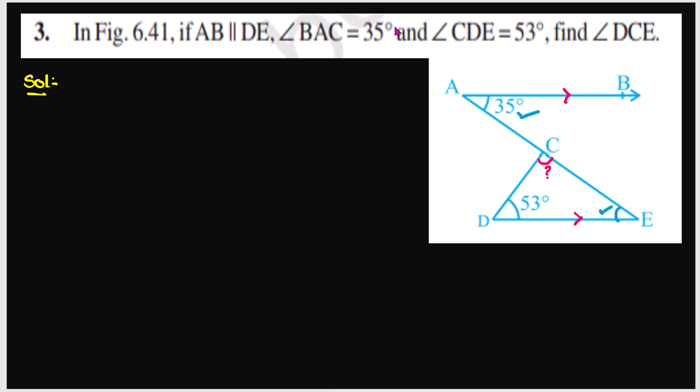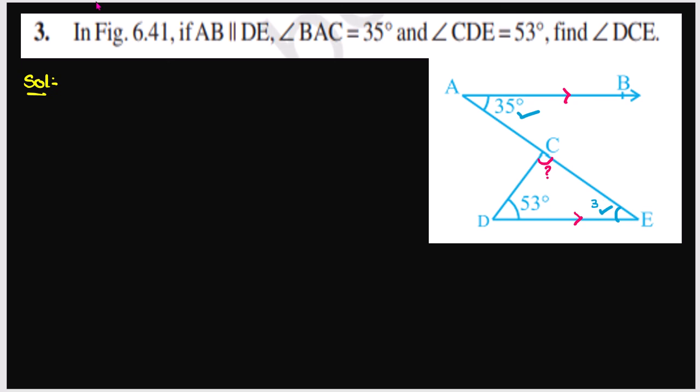Since the lines are parallel, alternate interior angles must be equal. So since this is 35 degrees, this will also be 35 degrees. Then in triangle CDE, two angles we have got, angle CDE and angle CED. Then can't we find angle DCE? Yes, by using angle sum property. That is the approach of solving, children.